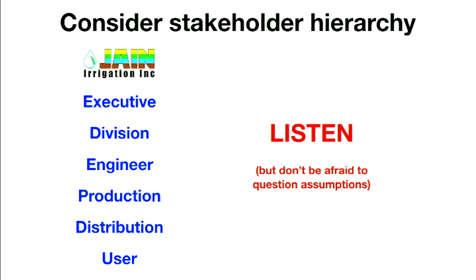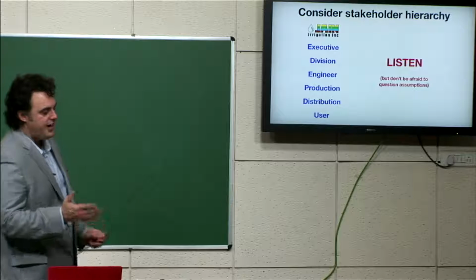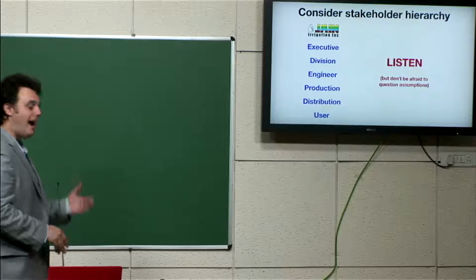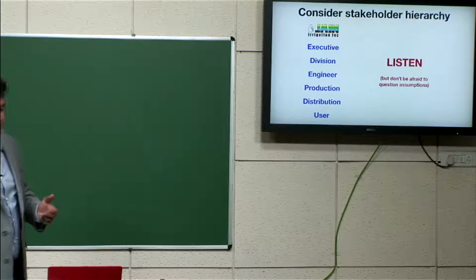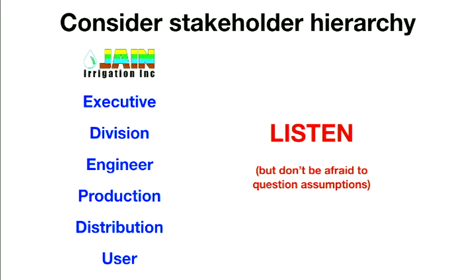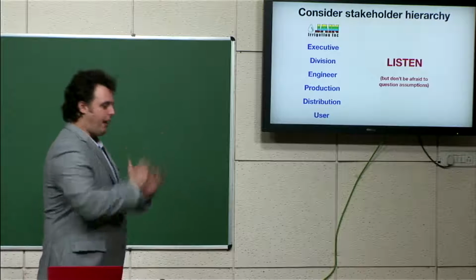But I'm going to put a caveat on that. Do not take information from stakeholders as the word of God necessarily. They are wrong sometimes. In the balancing act we have to do all the time is push back. We have to question assumptions. So for example, with Jain, many times, we've said, we think we can use a lower amount of pumping power and we could use a smaller pump of this power level.